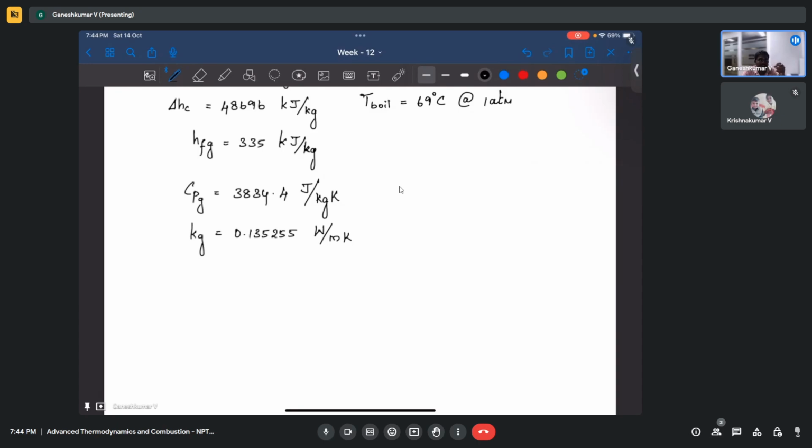If the gases have higher thermal conductivity, they conduct a lot of heat, and the mass burning rate will be high. If they conduct less heat, the mass burning rate would be less. So instead of selecting kg, if you select something else, like kr, it will not give you the correct mass burning rate.